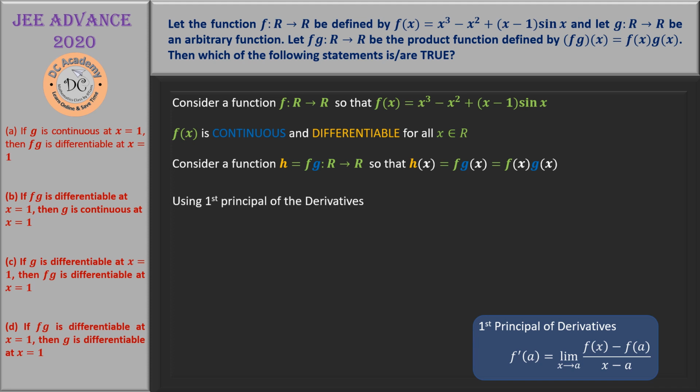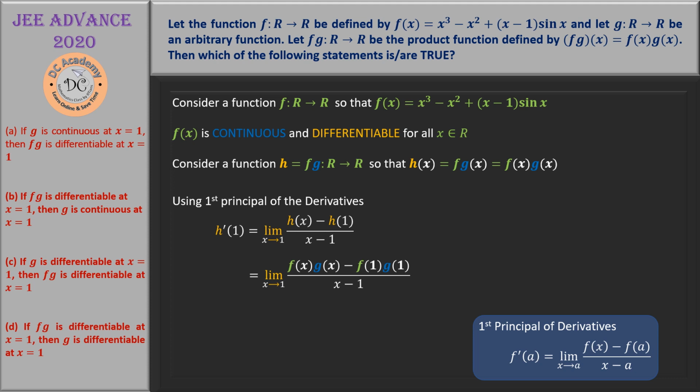So here we use h dash 1 equal to the limit x tends to 1 of h(x) minus h(1) divided by x minus 1. Now what is h(1)? Using the definition, it will be f(1) g(1). So the expression is f(x)g(x) minus f(1)g(1).